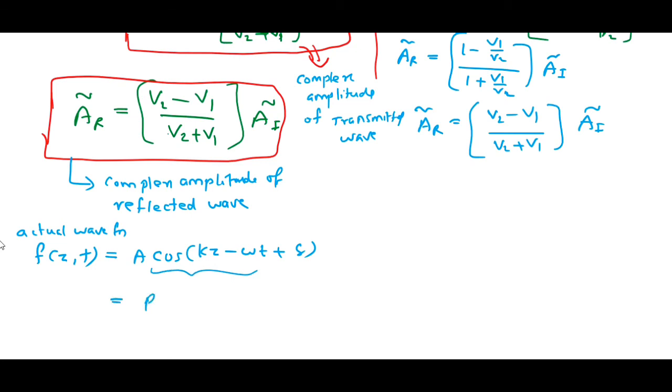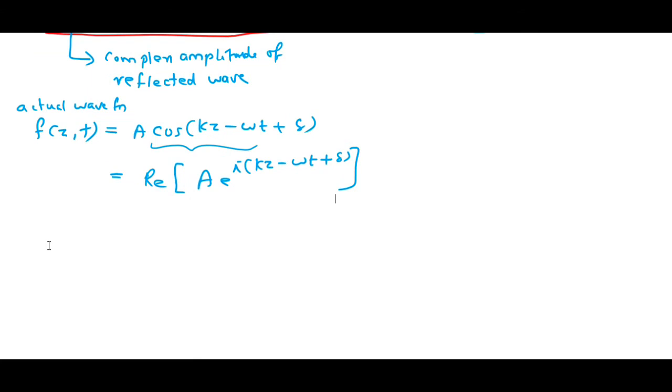That is, here we can write the real part of A e^(i(kz minus omega t plus delta)). I can also write this equation in this way: real part of A e^(i delta) into e^(i(kz minus omega t)). I can separate it in this way also.